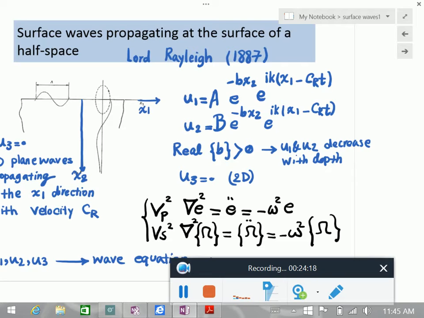So this is the general expression for a wave traveling, and this makes it confined to the near surface region. So we just take that. I'm not really showing how, saying that we plug that into the wave equation, and we get this.